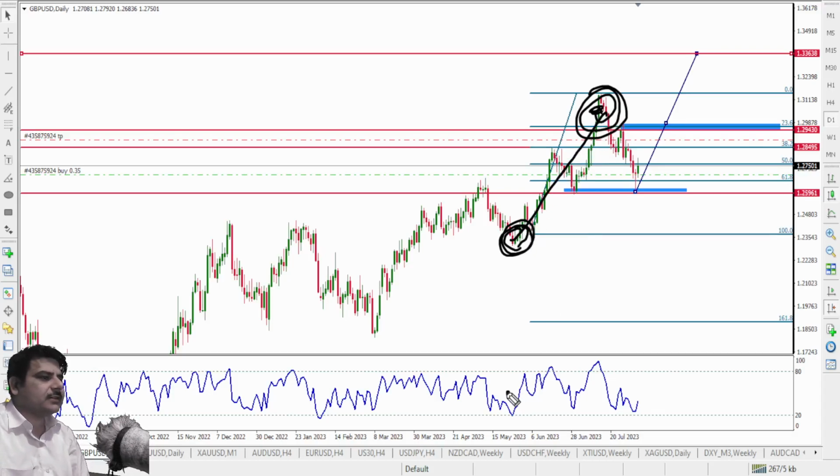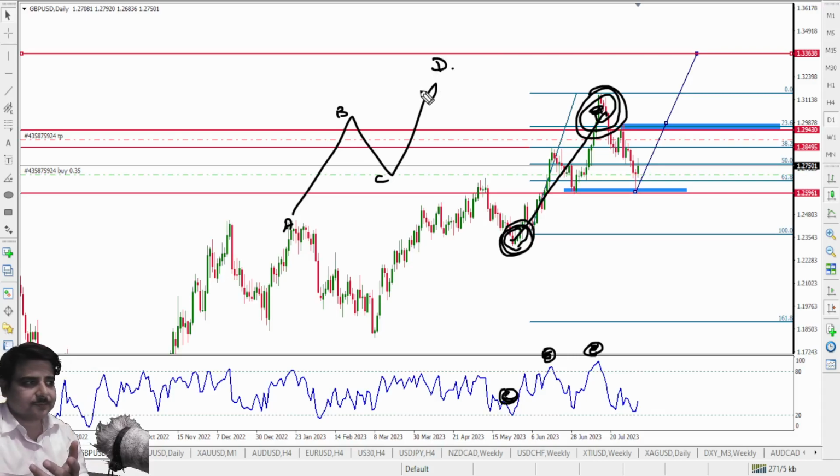If you see the RSI, overbought and oversold conditions right here. And if you understand my strategy, this is ABCD. I want to give you one more, and I received some questions about my RSI settings, so I will be showing you that.